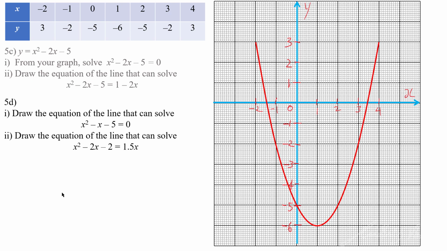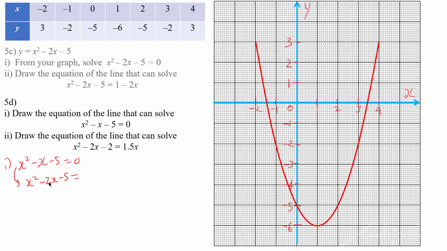Now this looks slightly more complicated, but it is still very manageable. So part 1 requires us to write x squared minus x minus 5 is equal to 0. So we are supposed to convert this into x squared minus 2x minus 5. So how do I convert this to this?